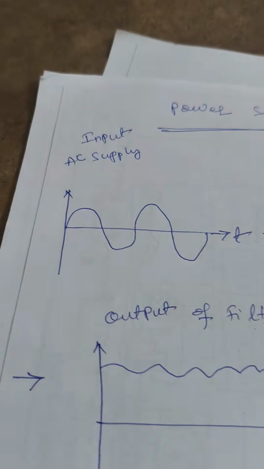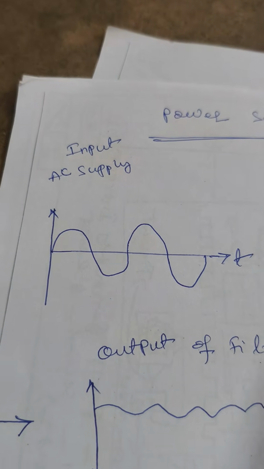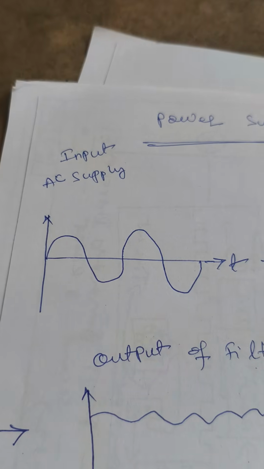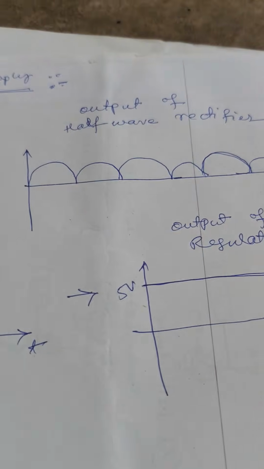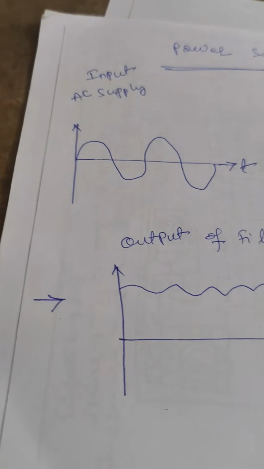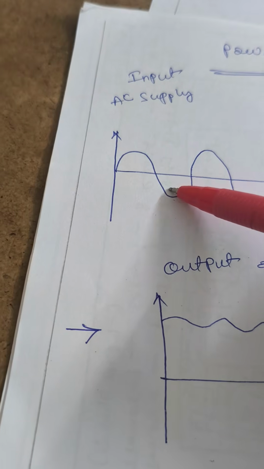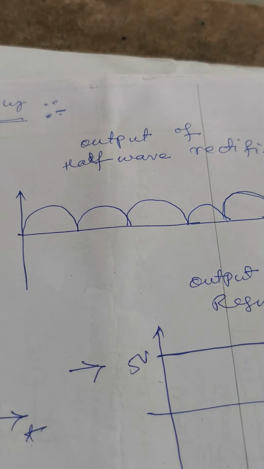Full-wave rectifier means, suppose this is the input, here in full-wave rectifier it will convert this negative cycle also into a positive cycle. This also converts into a positive cycle.